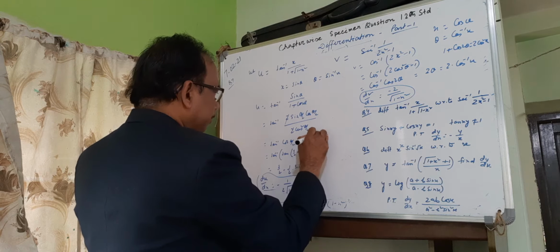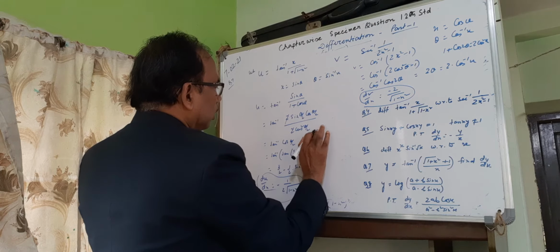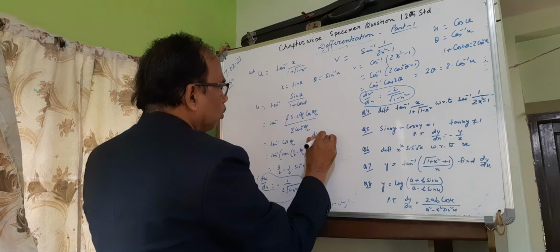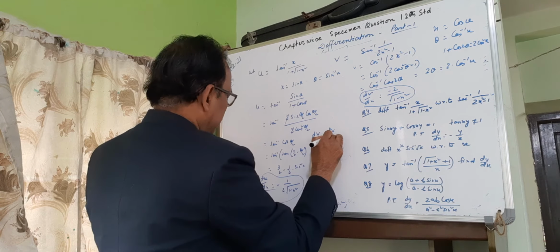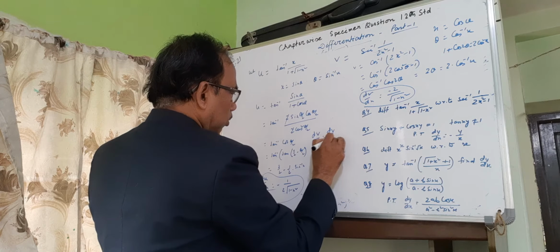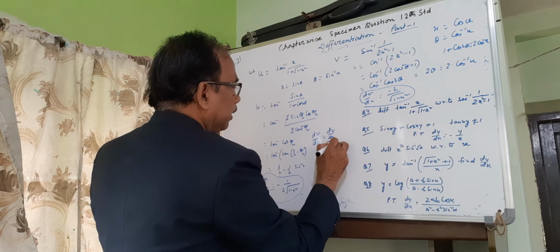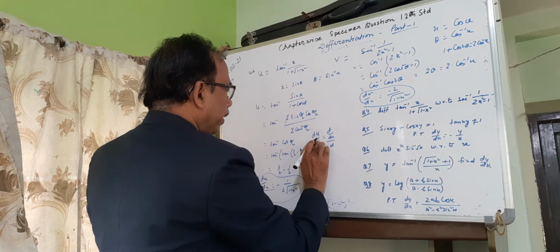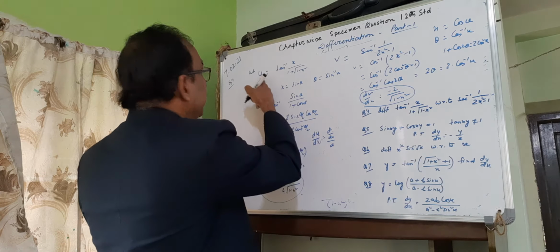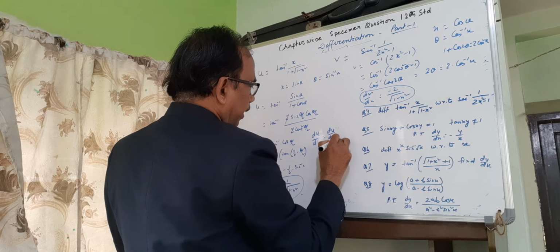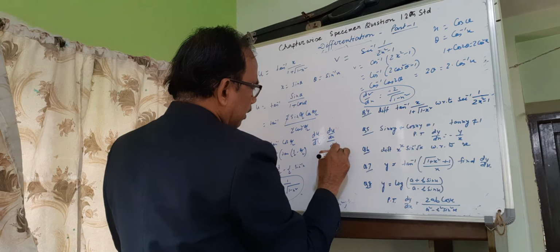We have to find du by dv. du by dv equals du by dx by dv by dx.